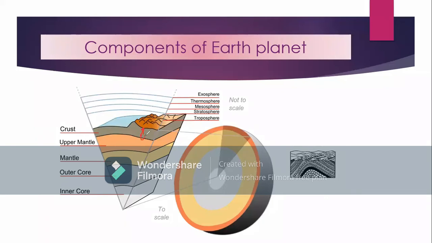Its thickness differs from the oceanic plate. The continental plate has a higher thickness, and this is the oceanic tectonic plate.